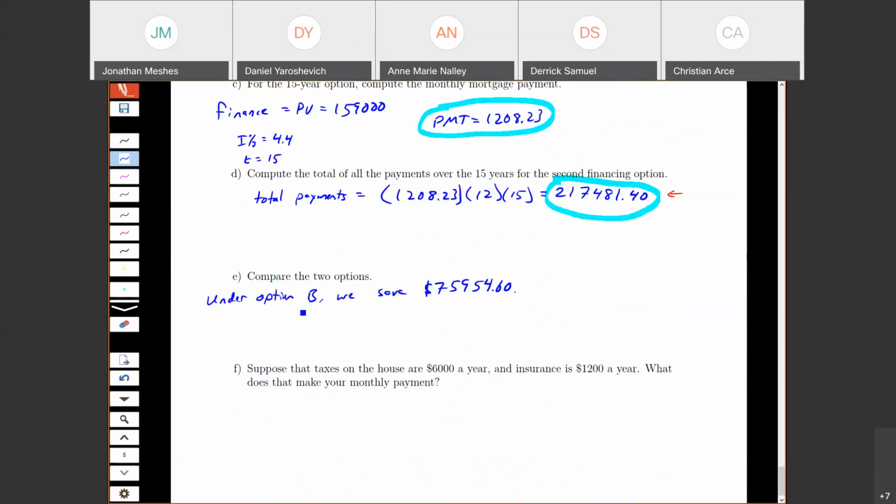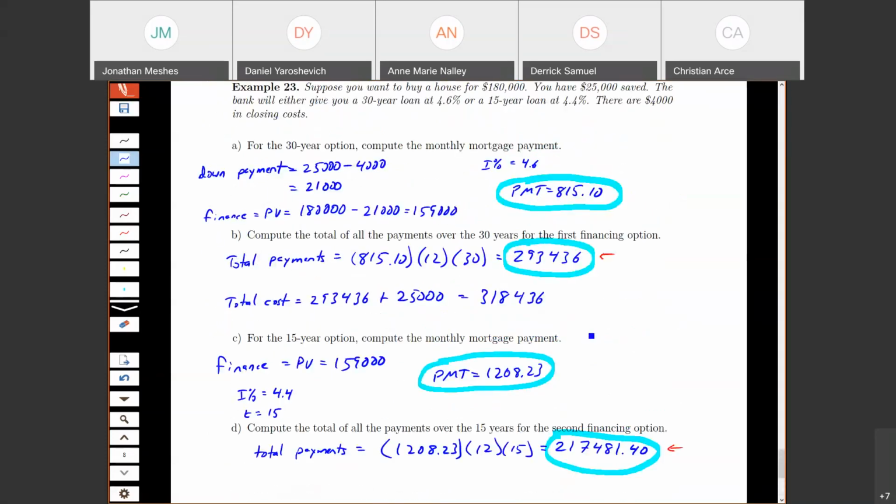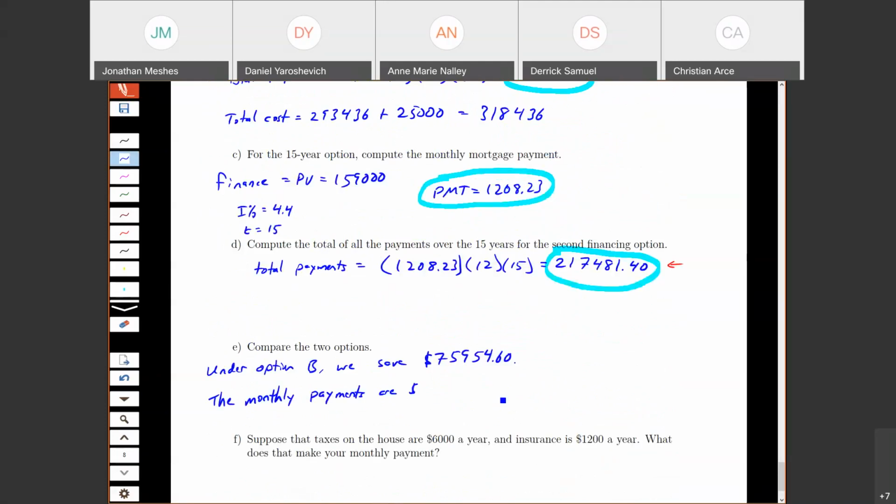The monthly payments are a little bit easier under option A. Let me write down exactly how much. Yeah, so the monthly payments are $393.13 less under option A. Okay.